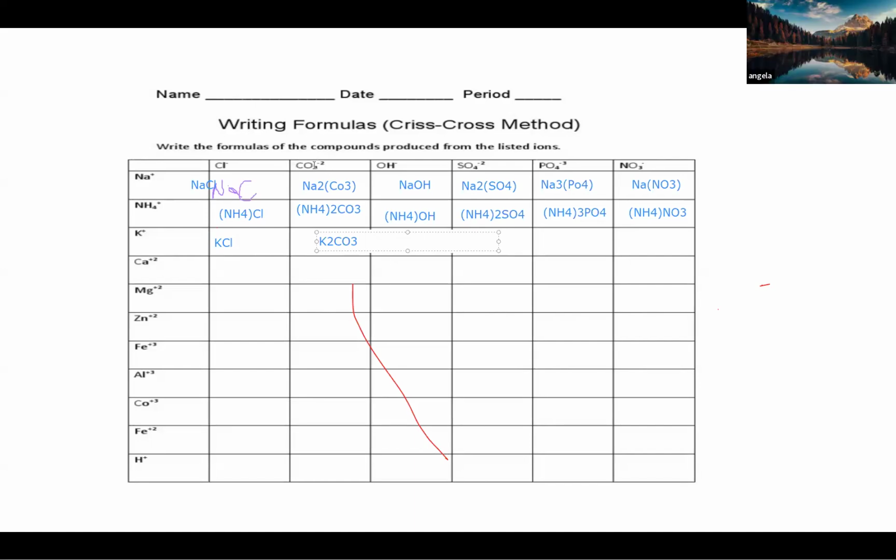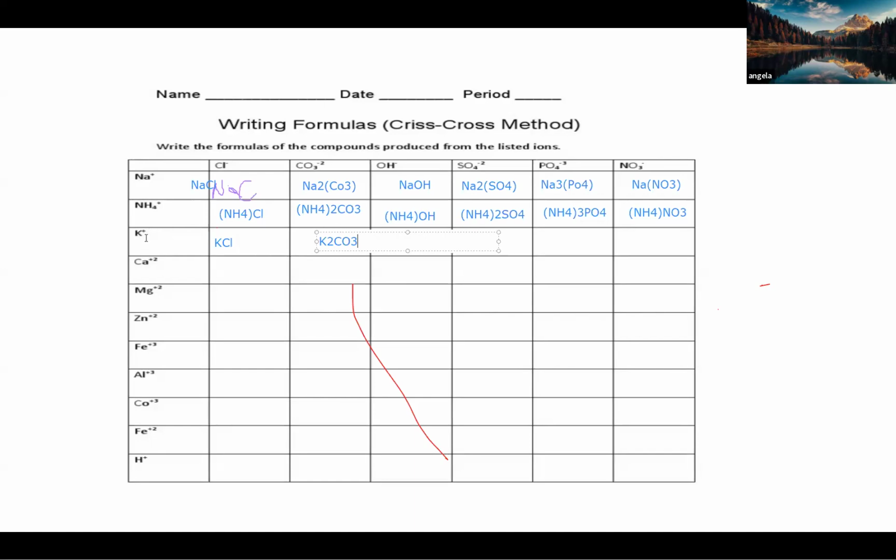The CO3 is a polyatomic compound, so you're just doing the 2 right here, remember? And then you're just dropping the 1. That's what I was doing, Mom. Okay, so you're dropping K2. Mom, if KCl cancels out, then why doesn't the positive K cancel out the -2 on the CO3? It doesn't because it's only 1. The reason it cancels out is because I just have the 1 minus and that has a 1 plus.